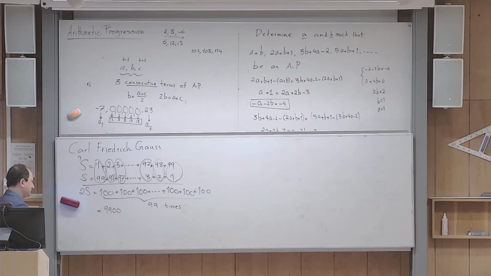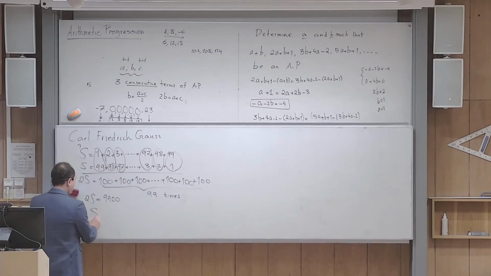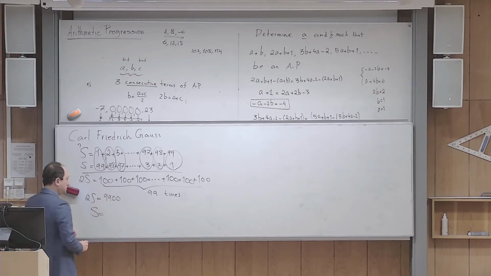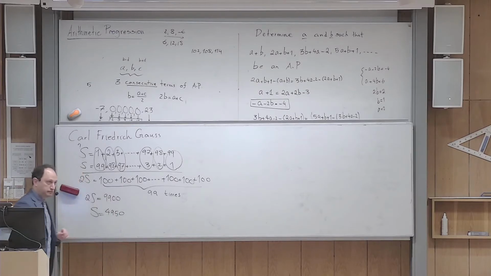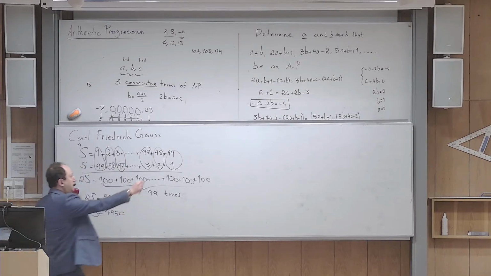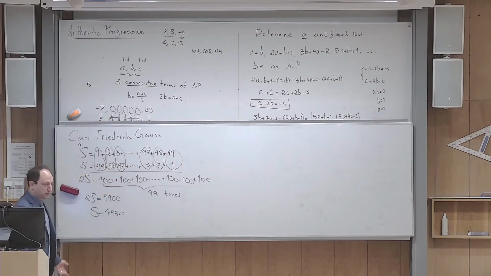But this is not the number we have to present, because this is 2 times the number we are supposed to calculate. So I can find S by dividing this by 2, which is 4,950. And of course, if you want to add from 1 to 100, you add 100 to it, which becomes 5050.